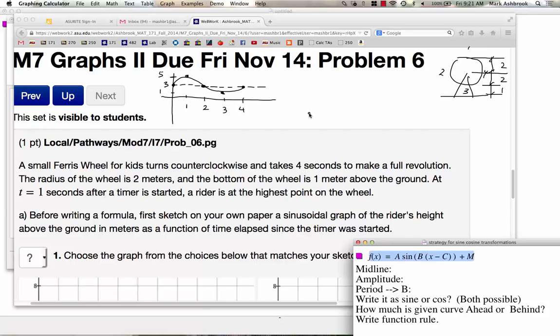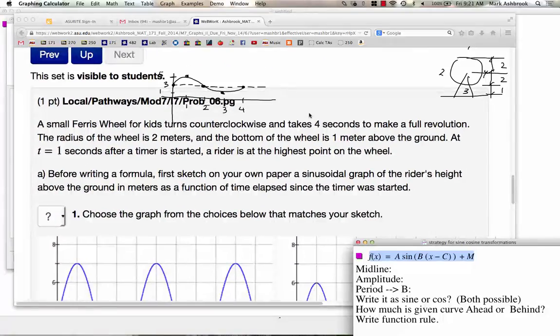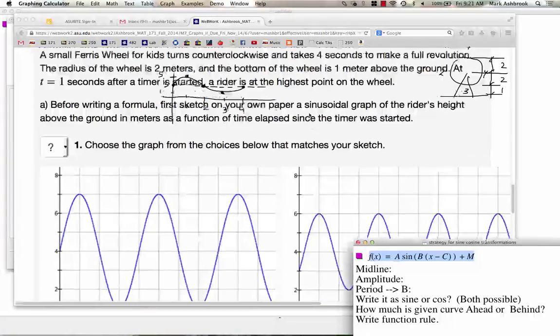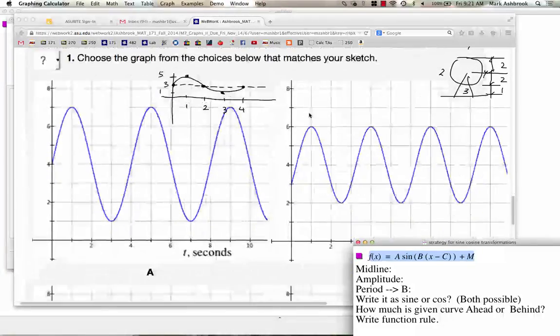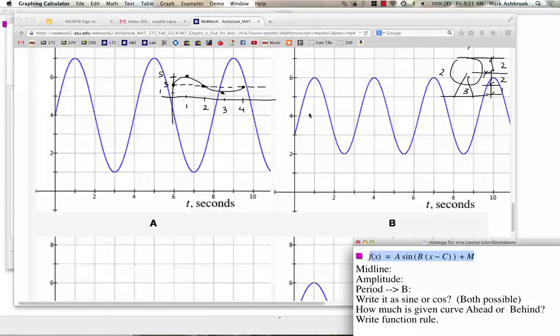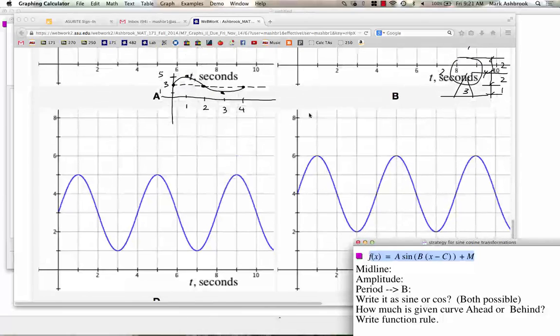Questions on being able to do that? So this is a really important skill that you can get the right points in the right places and then sketch that curve correctly. All right, so then which one of those is the one that's given here? So we know it's going to go at 0, 3, then 1, 5, then 2, 3.